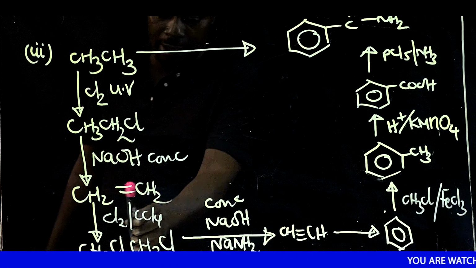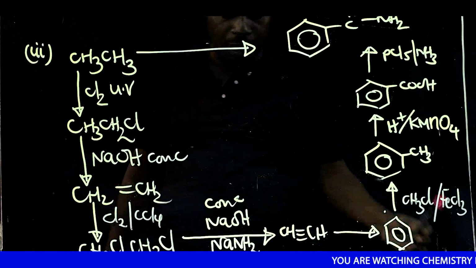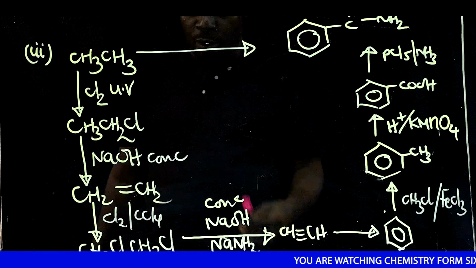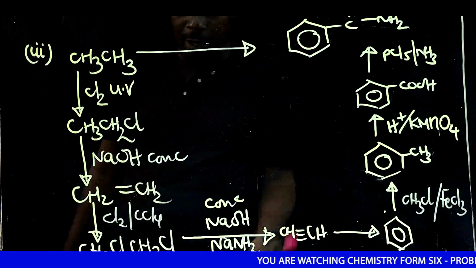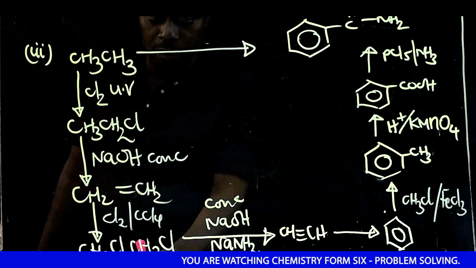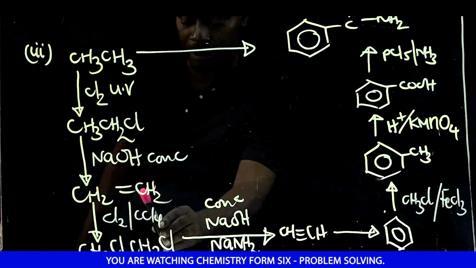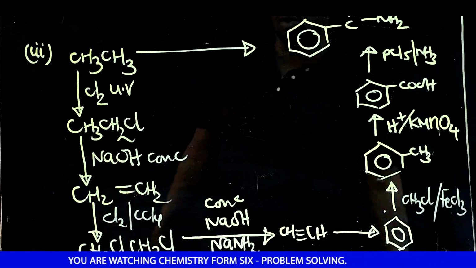So let us consider this ethene to be converted into a vinyl compound. Or another student can use another mechanism to convert the double bond of ethene into diols. So let us consider conversion of ethene into a vinyl compound.